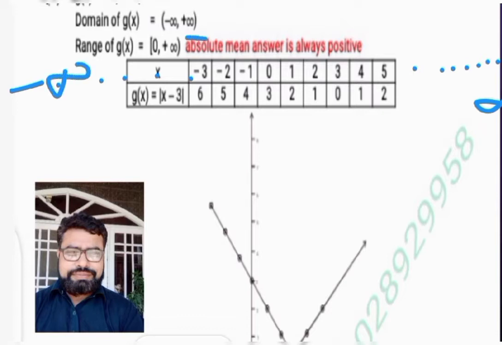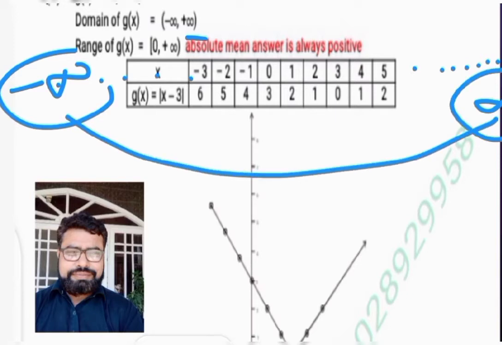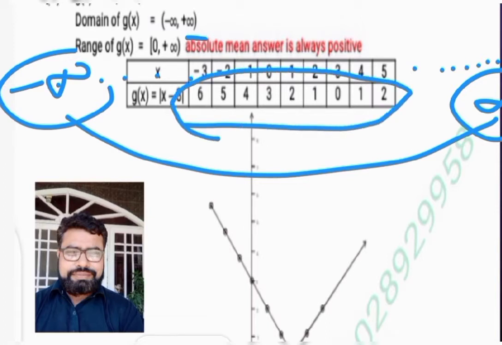Here we write the domain from -infinity to infinity, and the range is always positive. As you see, the answers are positive and the minimum value is 0, and after that 1, 2, 3, there will be positive answers, and this is the proof that the domain is from -infinity to infinity.